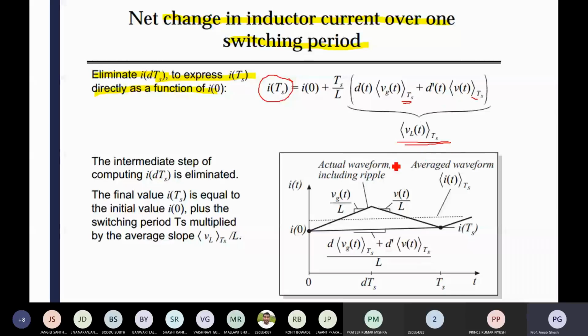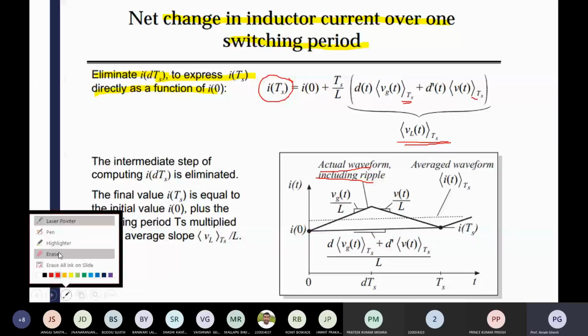Finally, you can say like that, the average value of inductor voltage over the time period. So the actual waveform you are getting includes the ripple. I think you are able to understand. Actual waveform means the actual slope for the on period, the slope for the off period, and you are getting that average value.